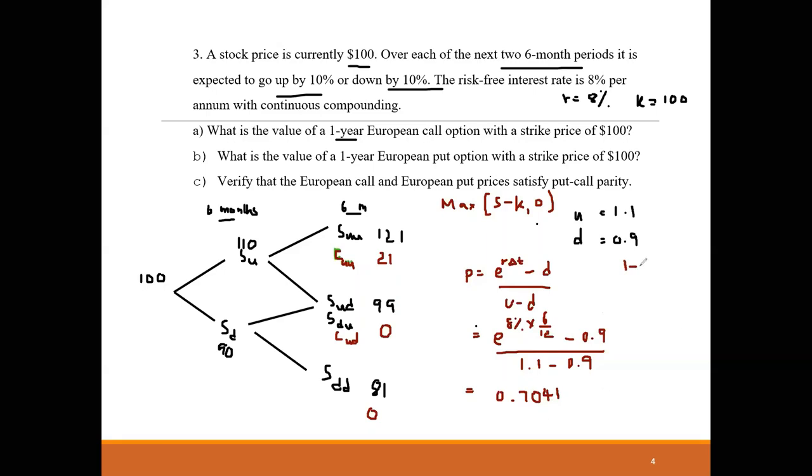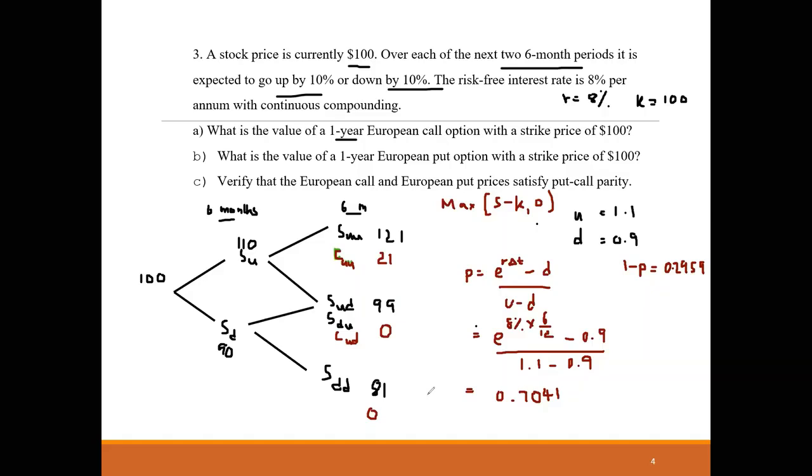It would be 1 minus P. If P is the probability of going up, then 1 minus P is the probability of going down. That is 1 minus 0.7041, which is 0.2959. You need these probabilities to calculate the expected values.